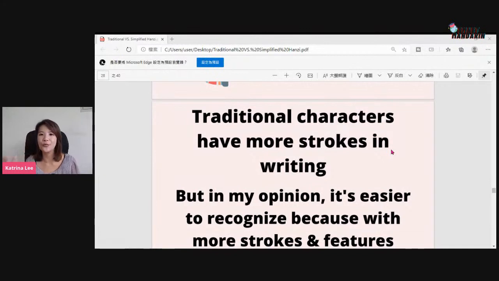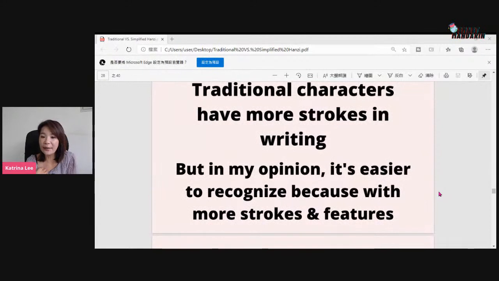But if you need to write characters and you don't have to write so many strokes, who needs to write a lot nowadays? People are using computers right now, right? So anyway, if you want to learn writing Chinese characters but you don't want so many strokes, choose the simplified one. Really, choose the simplified one, because the traditional one, yes, has more strokes.